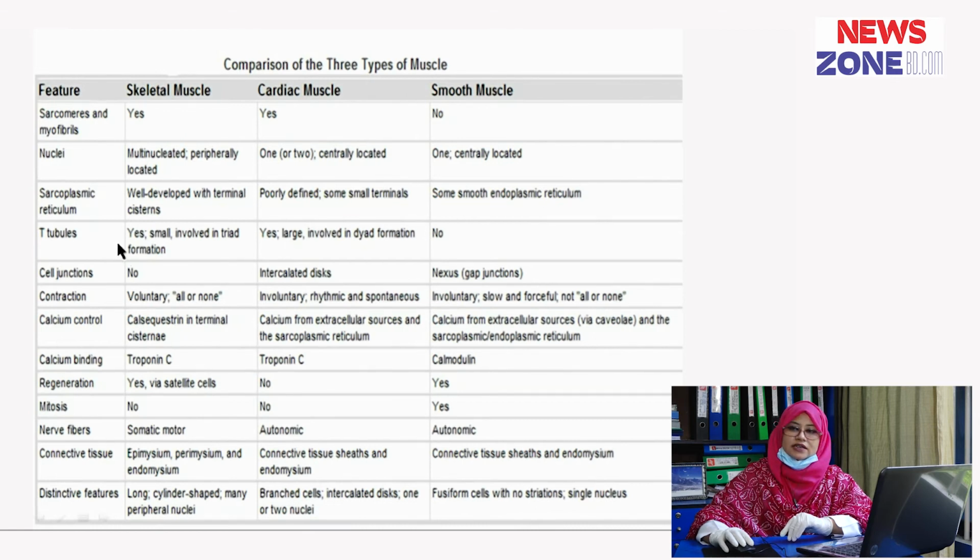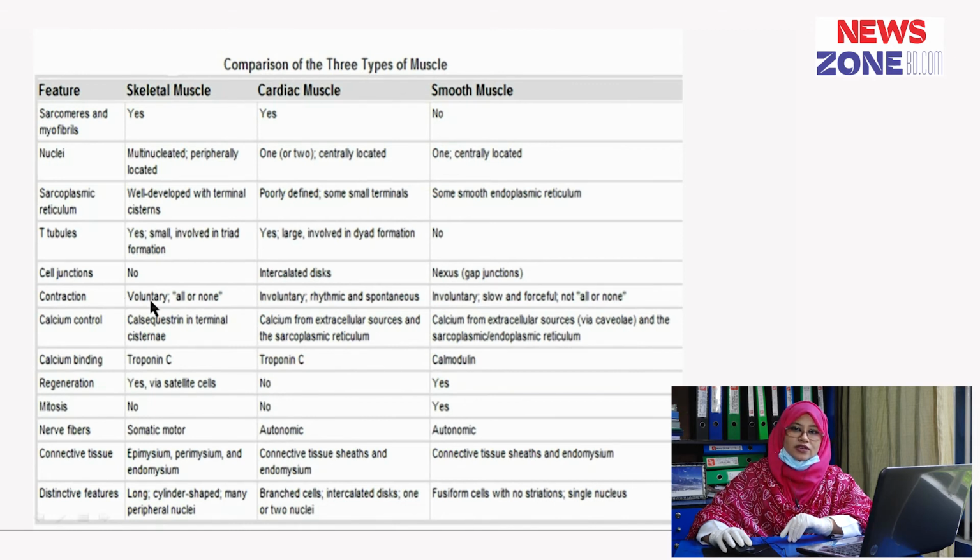T-tubules are present in skeletal muscle, small and involved in triad formation; in cardiac muscle they are large and form the diad; and T-tubules are absent in smooth muscle. Cellular junctions: the intercalated disc is present in cardiac muscle, and nexus or gap junctions are present in smooth muscle.